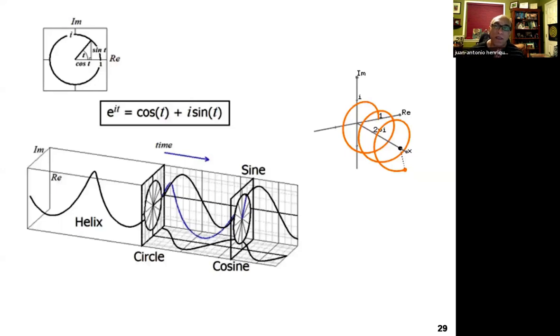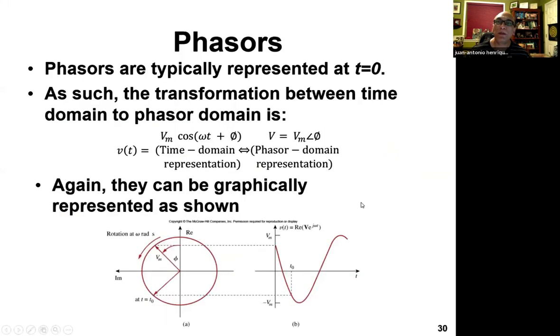What's important to us is to understand that we can represent phasors by using rectangular coordinates, polar coordinates, or exponentials like this. So phasors are typically represented at time equal to 0. And if we do that, then the transformation between time domain and phasor domain is really simple.